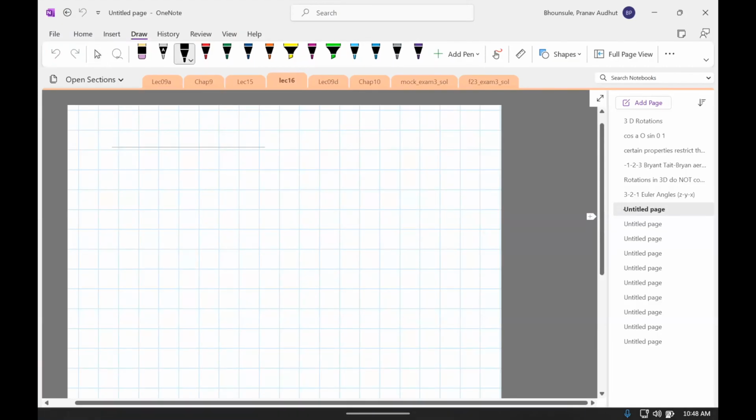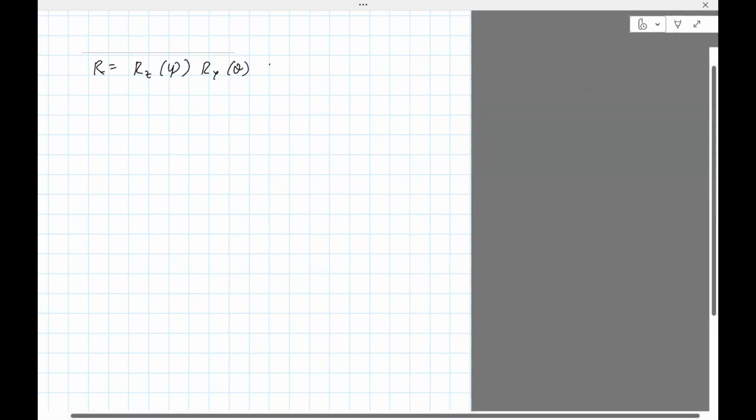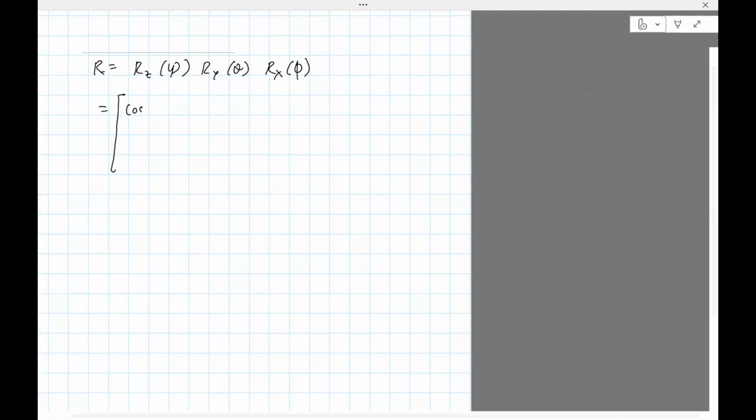R is Rz psi, Ry theta, Rx phi. I did not do this calculation by hand, clearly. I used symbolic Python to do it.